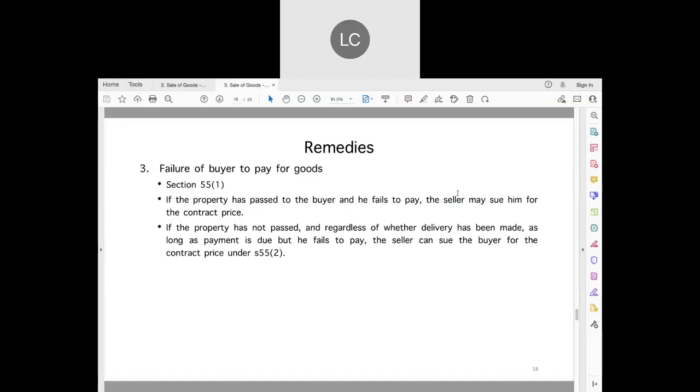But if the property has not passed, and regardless of whether delivery has been made, as long as payment is due but he fails to pay, then the seller can sue him for the contract price under section 55(2). So it doesn't matter whether property has passed or delivery has been done. As long as payment is due, but no payment is made, the seller can sue the buyer.